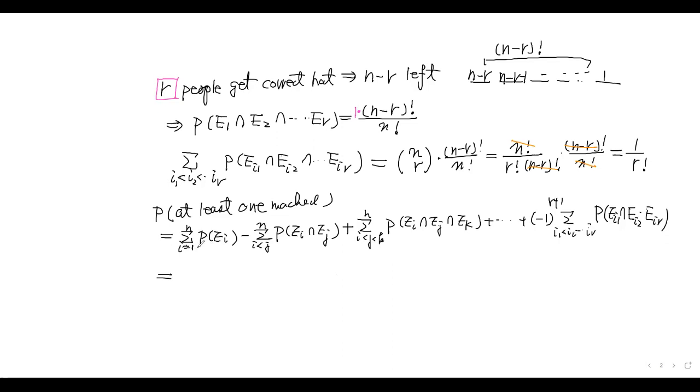So this one means only one person gets a correct hat, right? So what we have here is 1 over 1, and I have n of these, so this is 1 over 1 here, and that's what we have: 1 here.